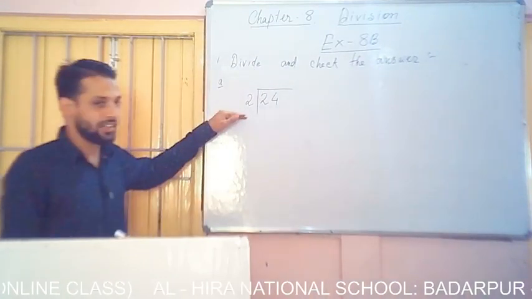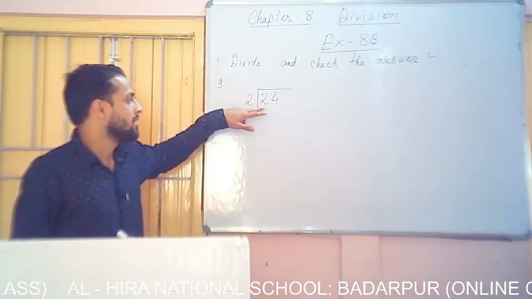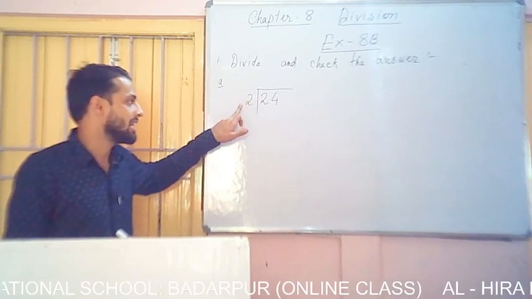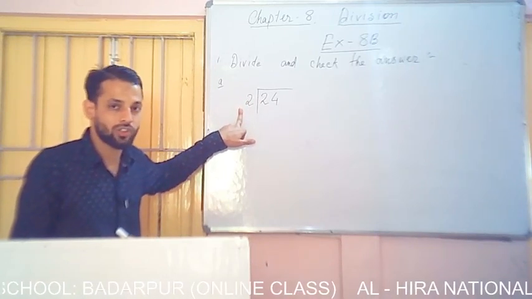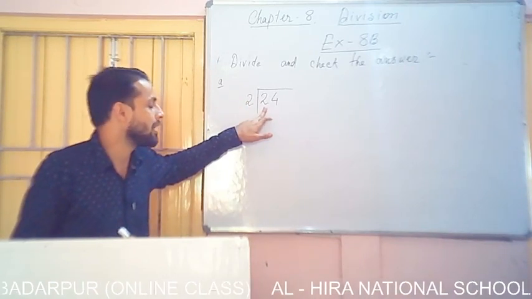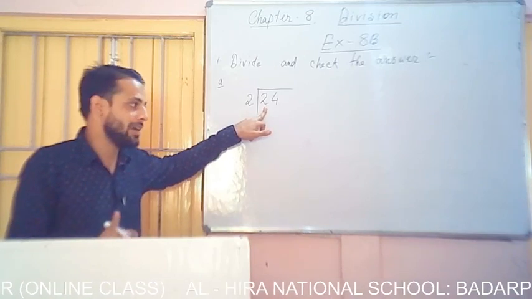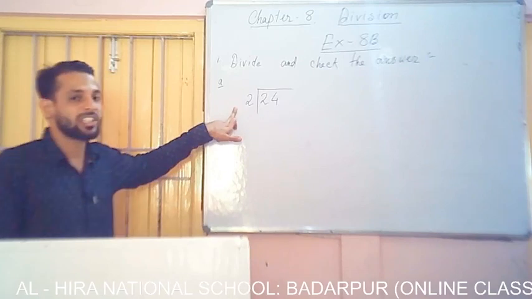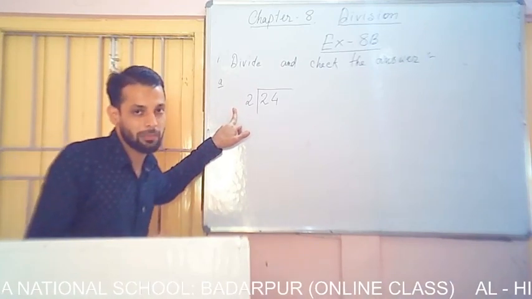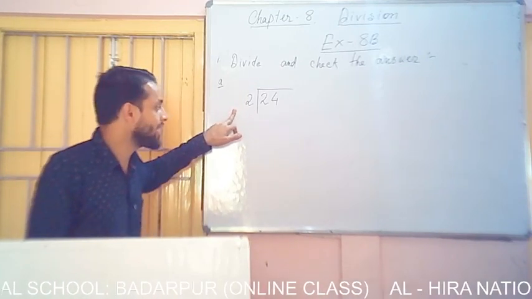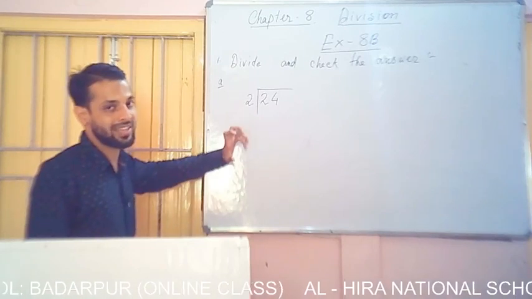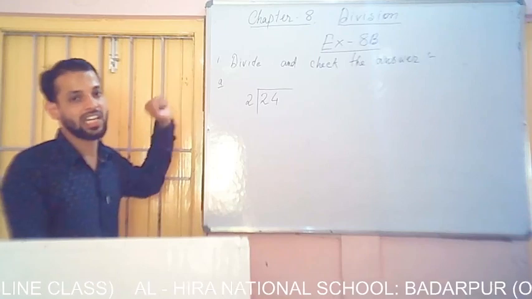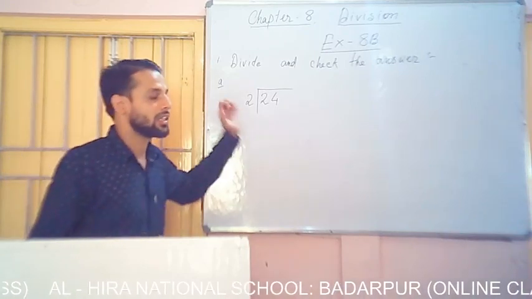To divide, the dividend must be greater than the divisor. If it is not, then what we have to do? We have to combine two places, ones and tens place.